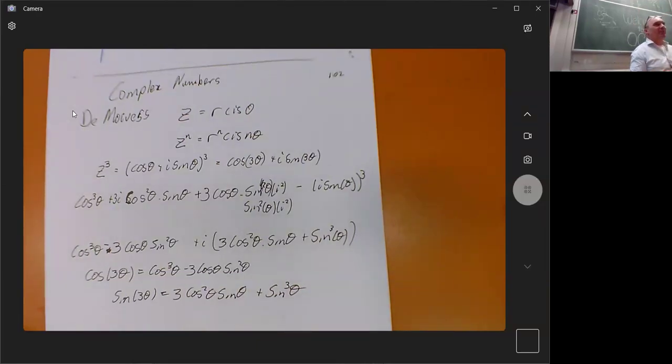I can use De Moivre's theorem to... Are you going to show us how this one works? Yes, and also I can use it to create a formula if I want to. Specifically, my angle addition formula or my double angle formula, I can use De Moivre's theorem to work out.